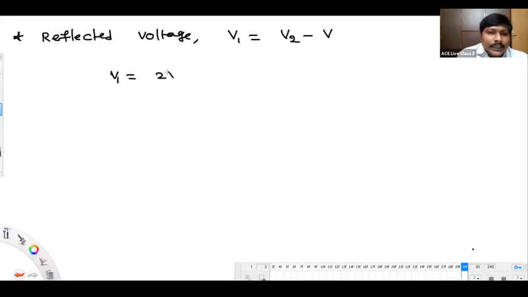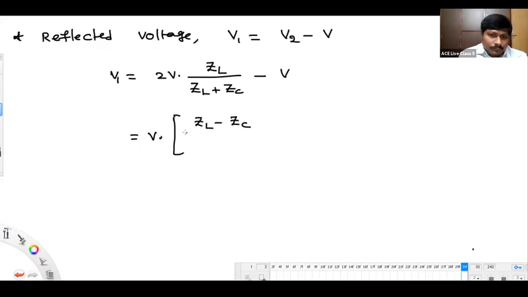What is refracted voltage? 2V into ZL by ZL plus ZC, minus voltage. You take that voltage V common. By taking that common, you can get here ZL minus ZC by ZL plus ZC. Like this, a term we are going to expect.